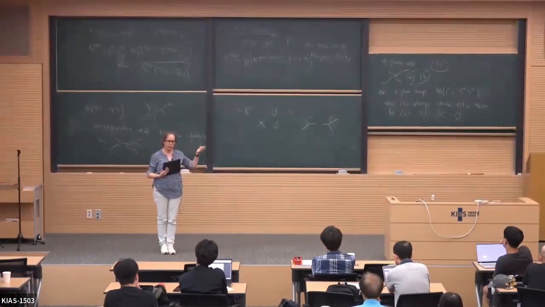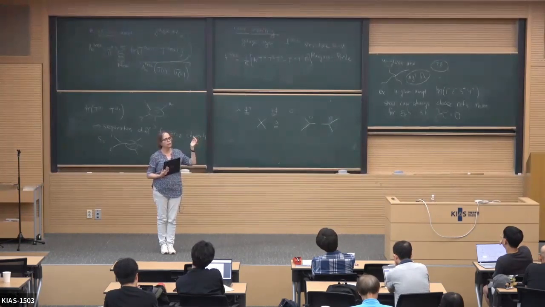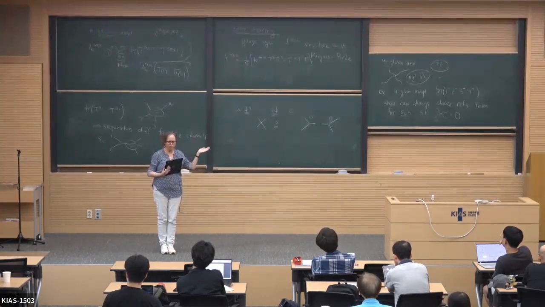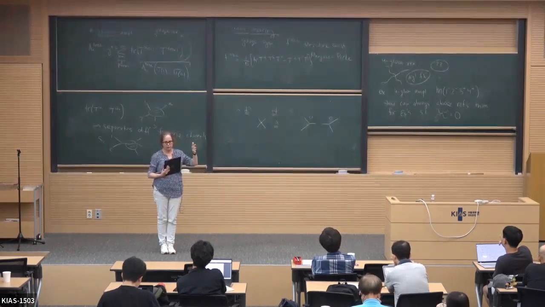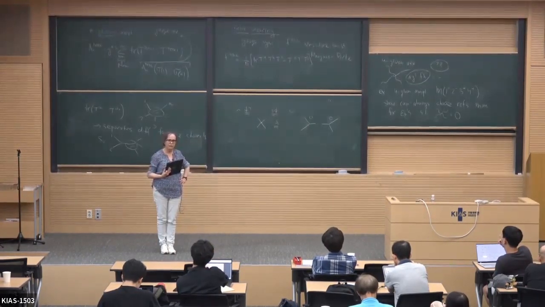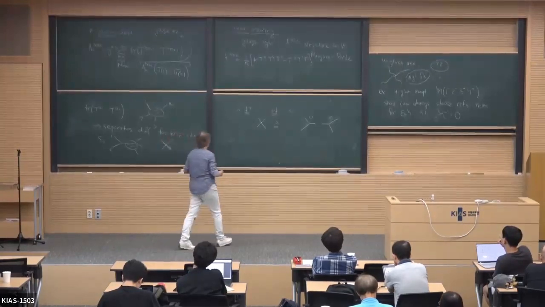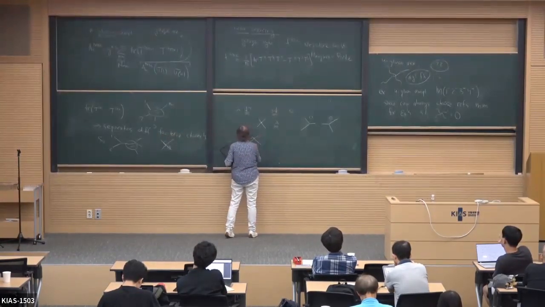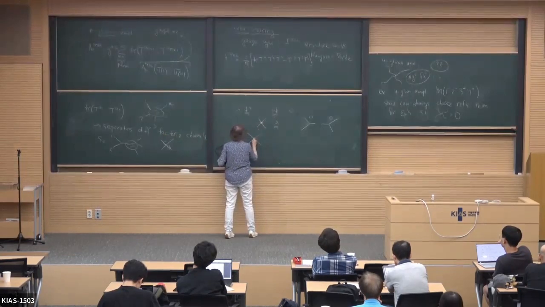If we go to higher point amplitudes, then for example, the 5-point amplitude is going to factorize also in a 3-point amplitude and a 2-point amplitude. So, but in this case, should I include the 4-point? Yes, right. So the 5-point amplitude, so here is this vertex.